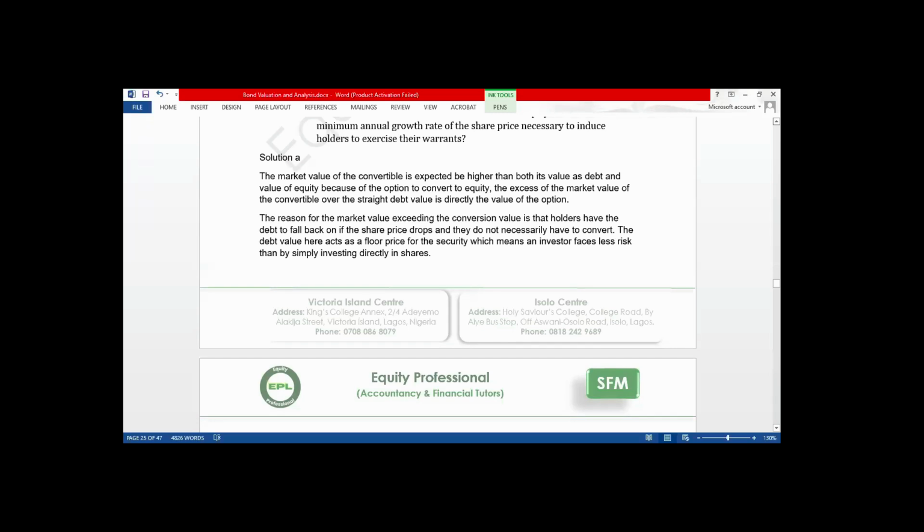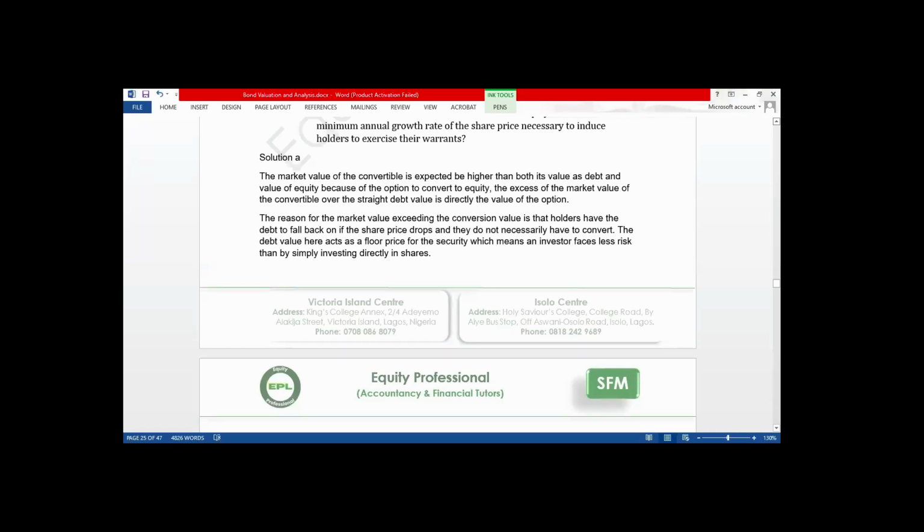If there's a fall in share price, then you don't need to convert your debt to equity. You just fall back. You retain your debt value. But if the share price rises, then you can take advantage of the share price.